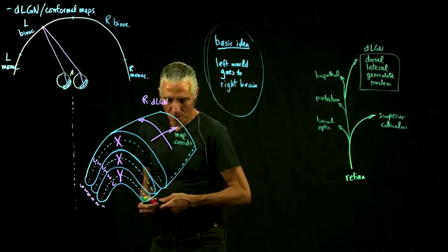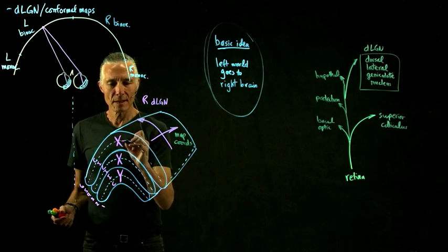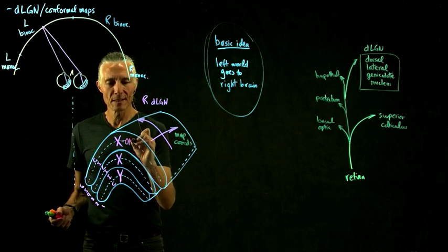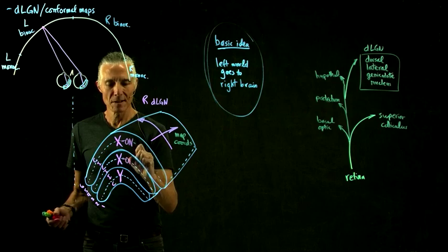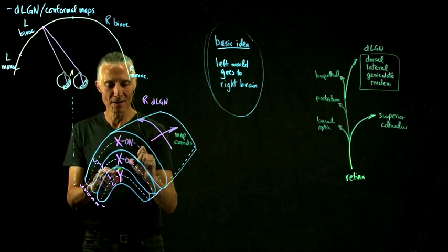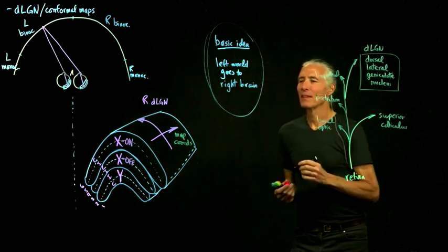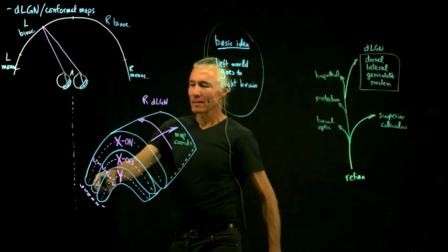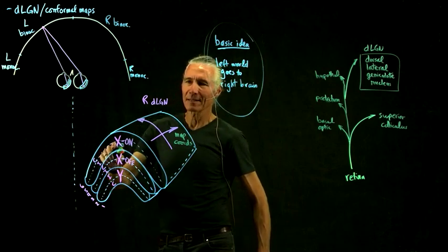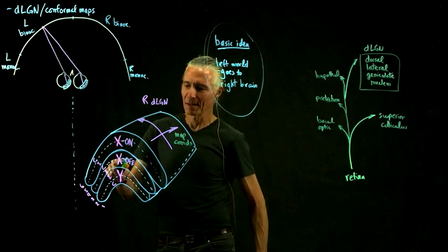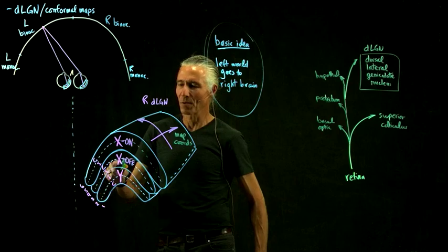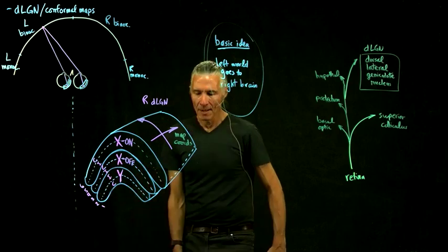But then there's also a segregation between the on and off business. So the Y on and off are not separated, but the X are, for better or for worse. So layers 5 and 6 have mainly X on type cells, and then layers 3 and 4 have mainly X off cells.